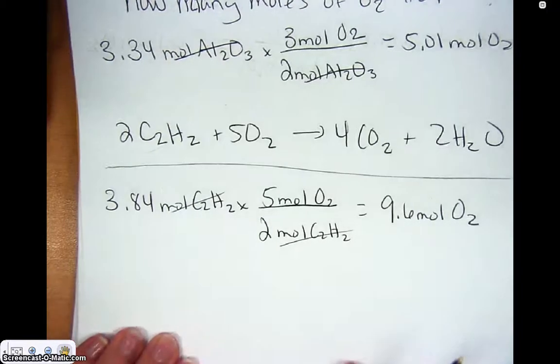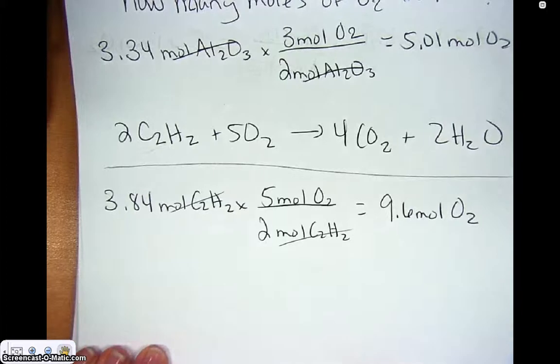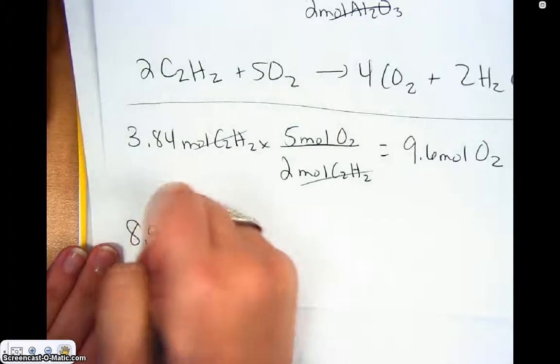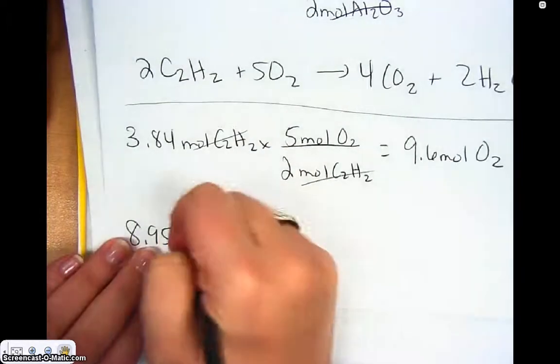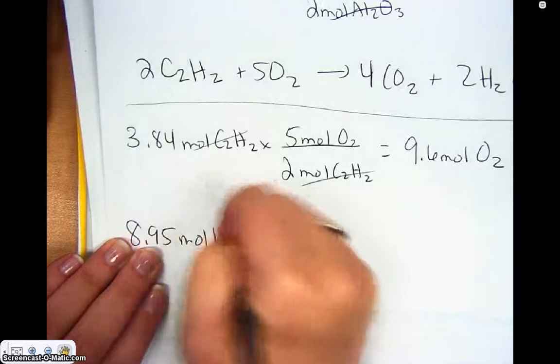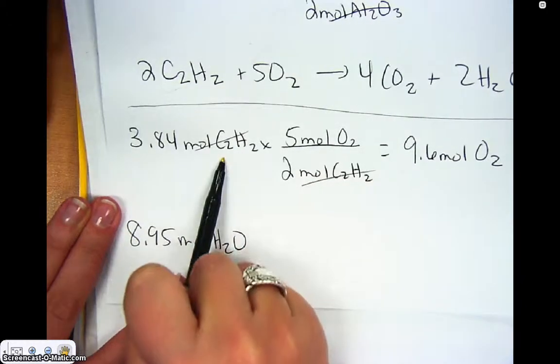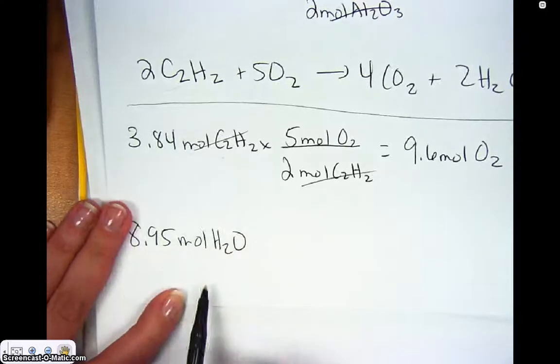All right, let's do one more. So in this case, I'm going to go again between a reactant and product, but I'm going to go the other way this time. So let's say I have 8.95 moles of water, and I want to figure out, well, how many moles of this C2H2 would I need in order to make that much water?